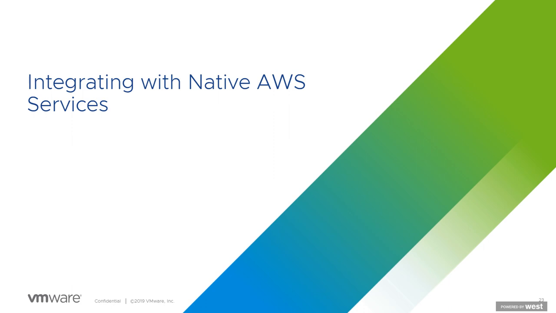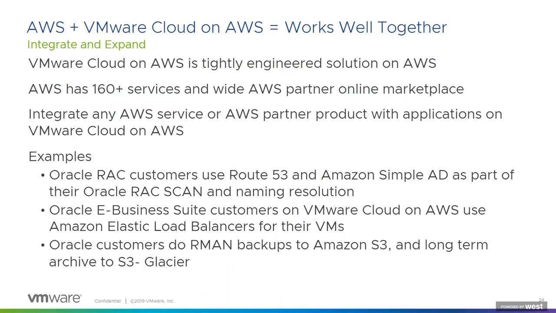Let's see in this section how you can integrate your Oracle workloads with native AWS services. Just to explain what native AWS services means: native AWS services are like EC2, RDS, and S3.